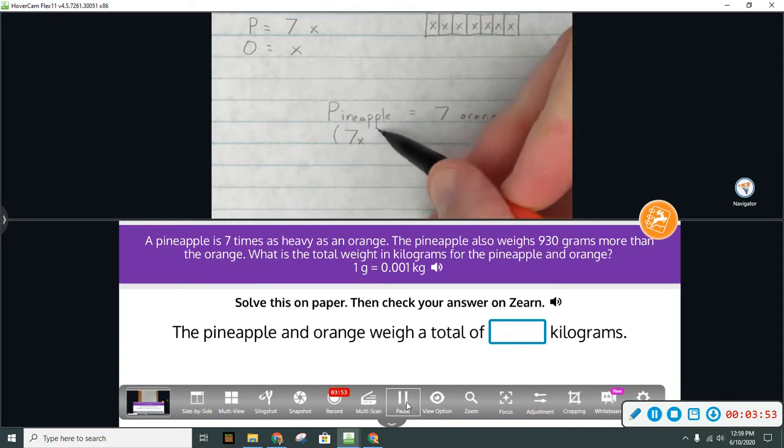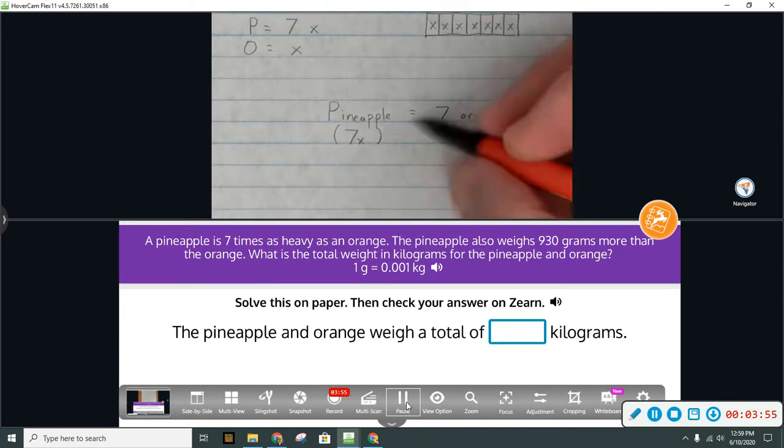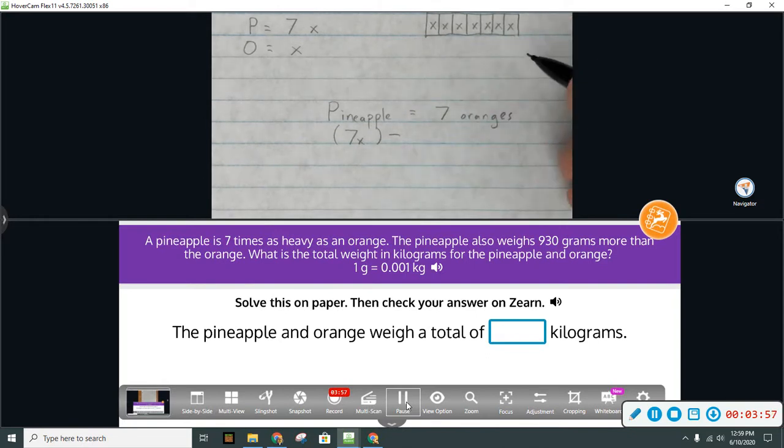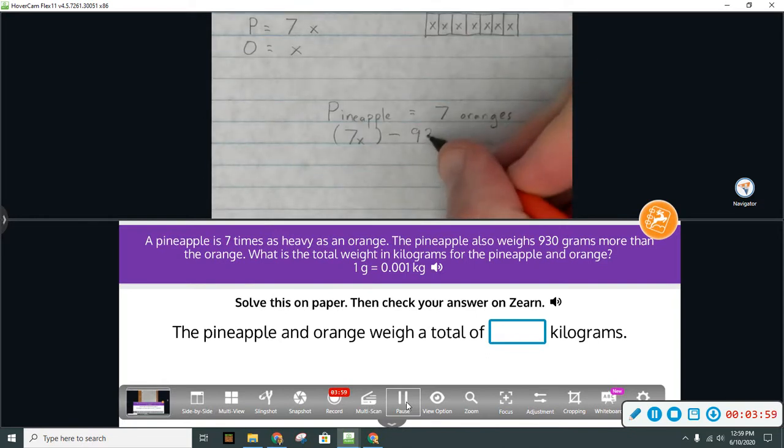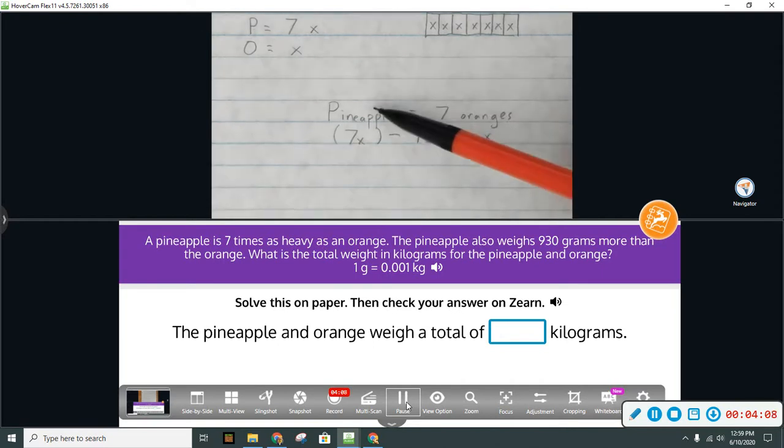Here's our pineapple value. Subtract out 930 grams. That will equal X. Huh? The pineapple minus 930 grams equals the orange, essentially.